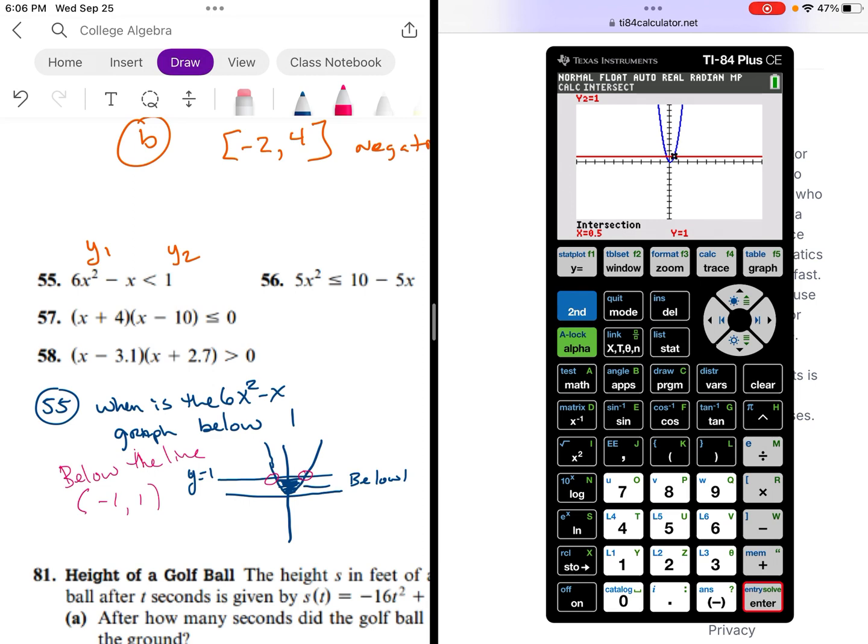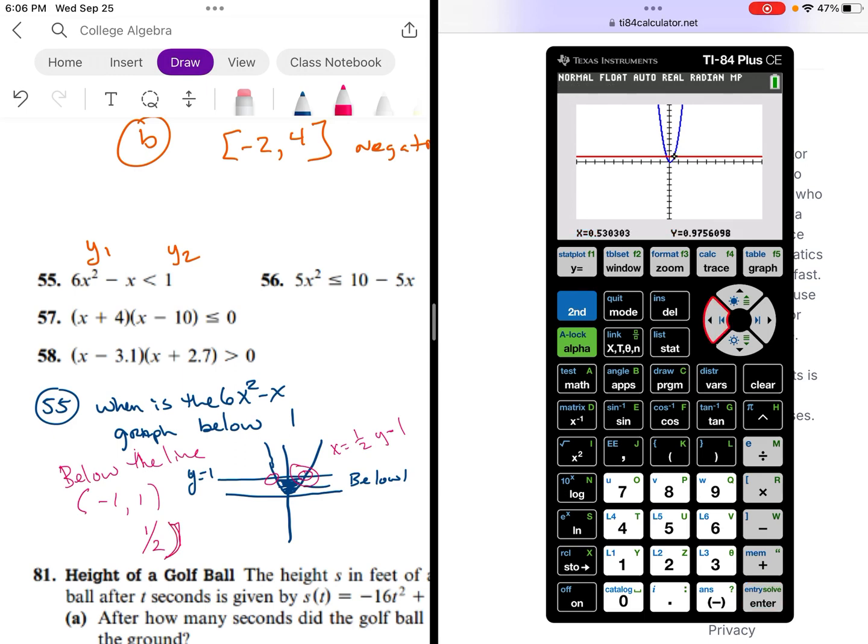So this is telling me that at x, on the right side here, when x is equal to 1/2, the y value is 1. So that tells me 1/2 is the right bound side.